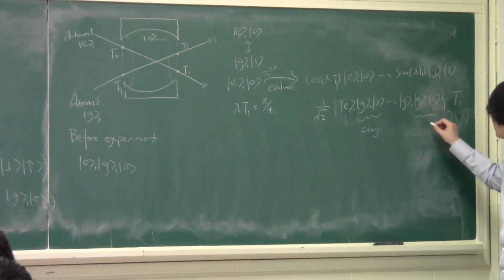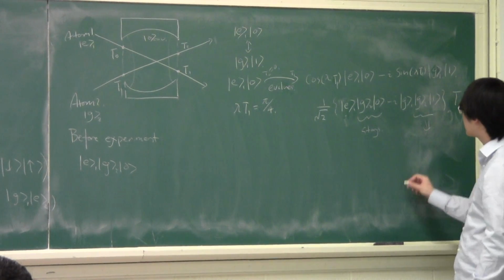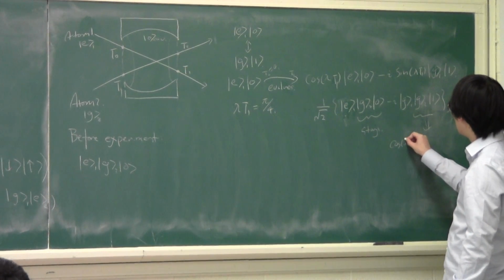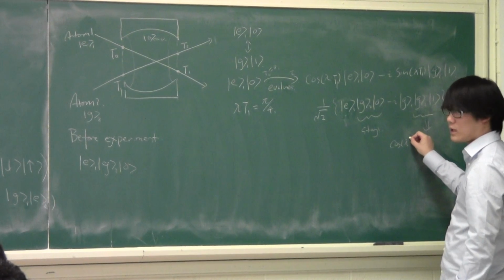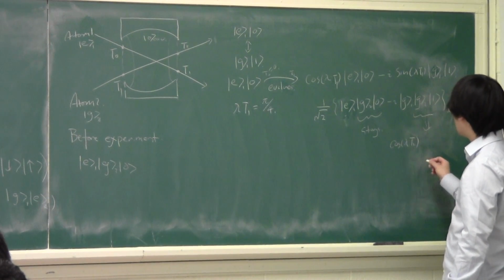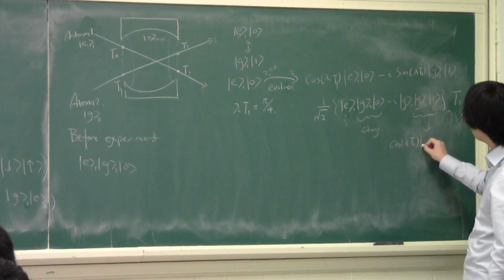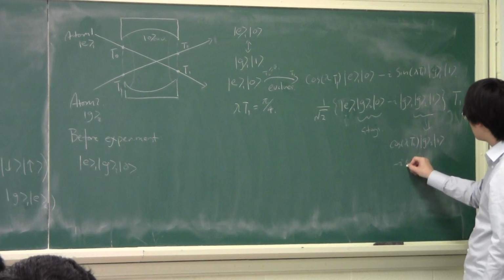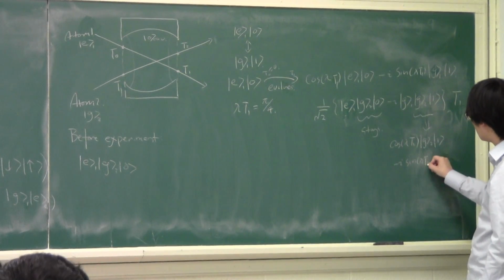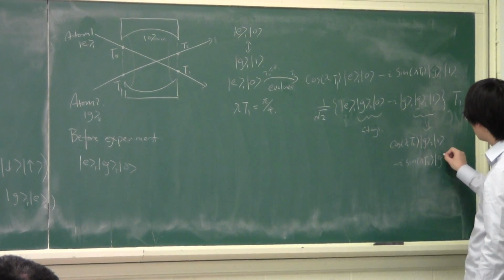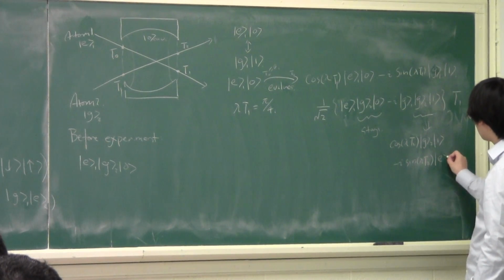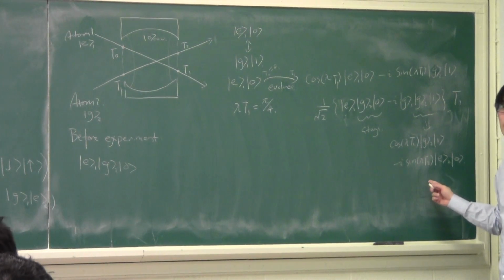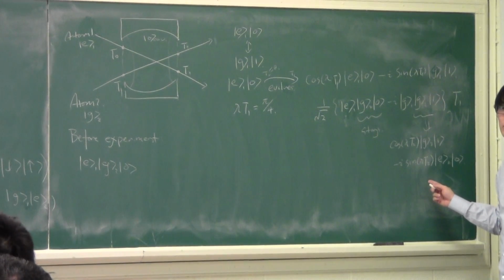So this becomes cosine of lambda T2 times the ground state G2, 1, minus I sine lambda T2 times the excited state. Should there be a square root of 2?